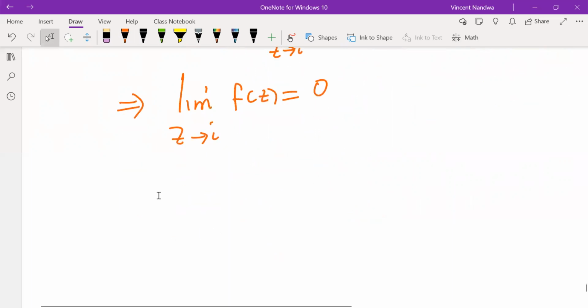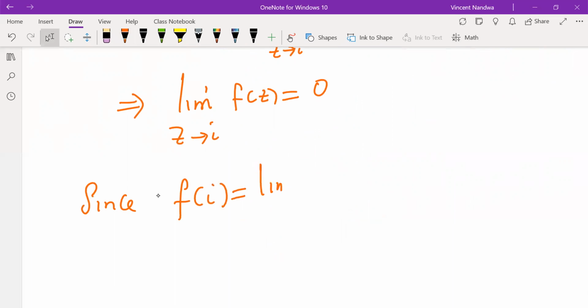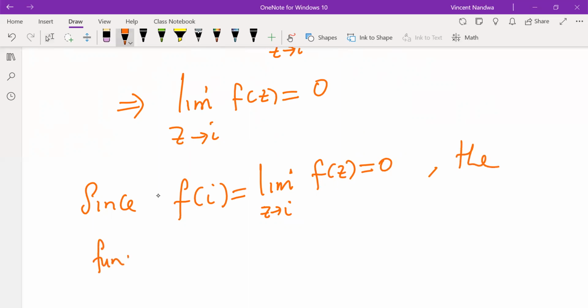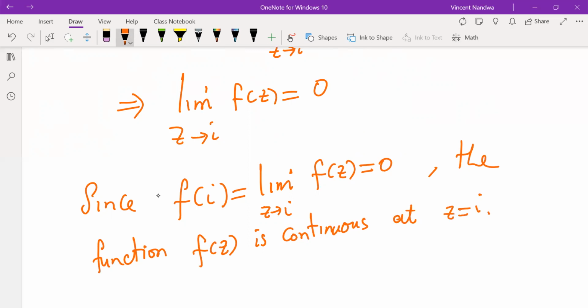Now, since f at i is the same as the limit as z approaches i of f of z, equal to 0, the function f of z is continuous at z equals i.